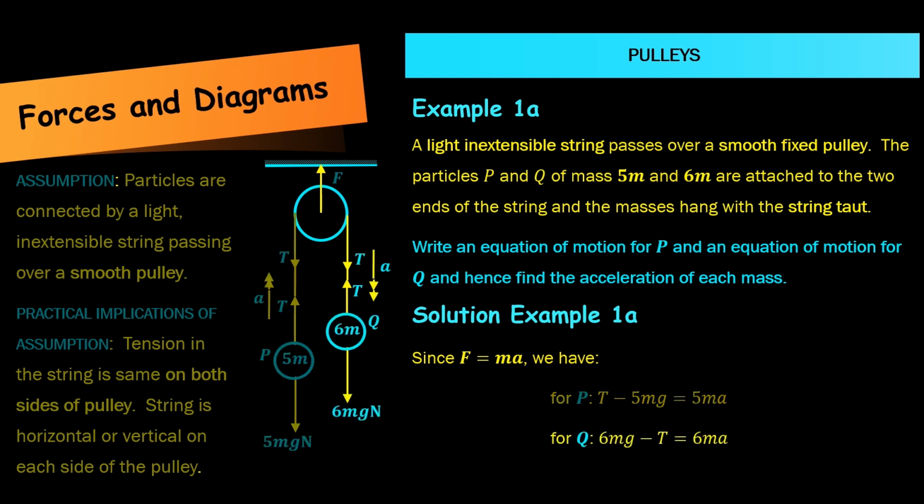For Q, similarly, in the direction of acceleration, we have the net force, which is 6mg minus T, equals the mass, which is 6m, times the acceleration, a.